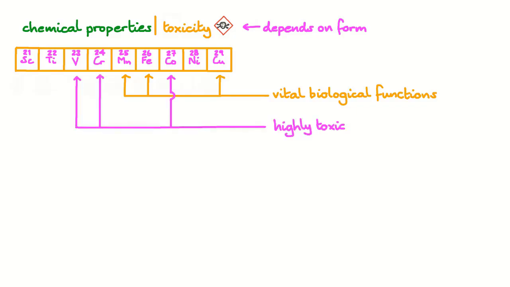But for some of the transition elements, like vanadium, chromium and cobalt, very many of the compounds are highly toxic. But as with many materials, many of the transition elements in high doses will be toxic, including those that are vital for biological functions.